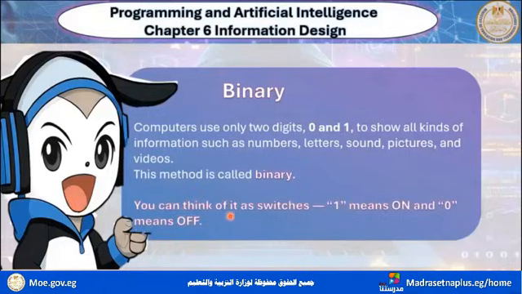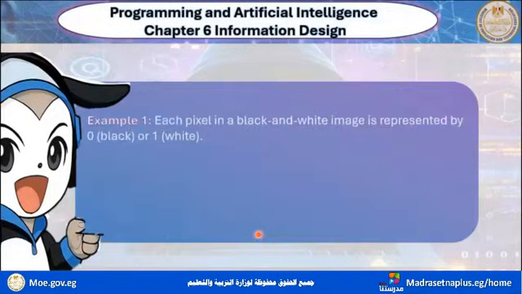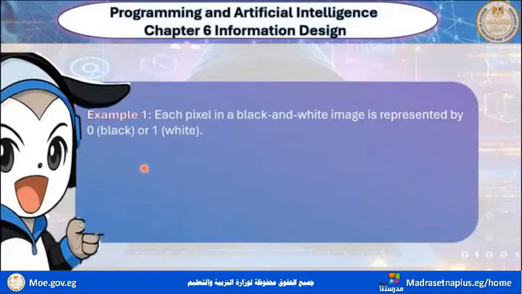You can think of it as switches. So 1 means on and 0 means off. Example 1. Each pixel in a black and white image is represented by 0 or 1. So 0 represents black and 1 represents white.